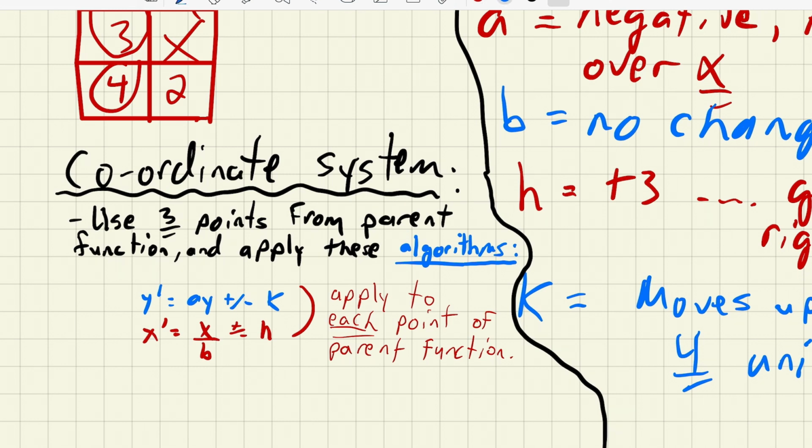Y prime, or we can even think about this as the new y, after you've made all the transformations and translations, is going to be equal to a, the value of a from your transformation function, multiplied by y, which would be the old original value.